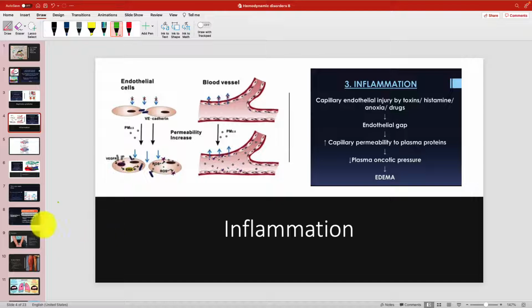So as you can see here, in inflammation, we have capillary endothelial injury by toxins or whatever the catalyst is for inflammation. We know that histamine is one of the major chemicals released by mast cells. We talked about that. And then we have an increase in blood being pushed to the site of injury because histamine is going to cause vasodilation.